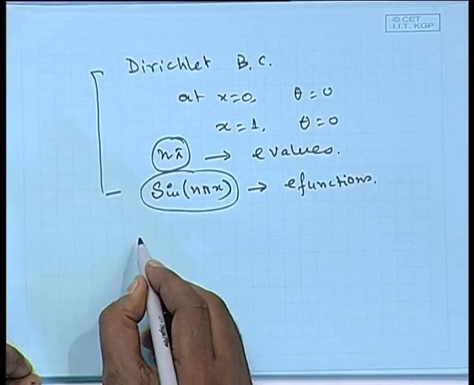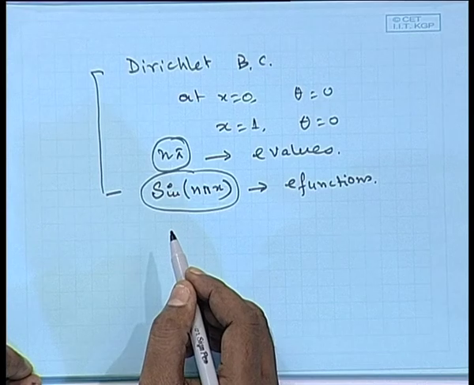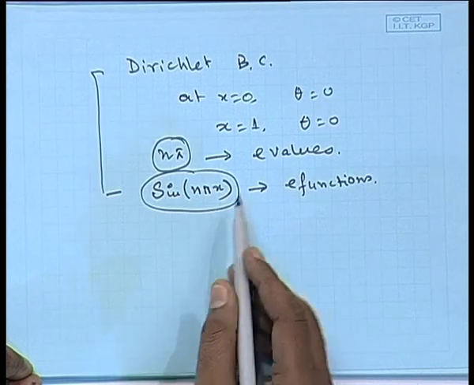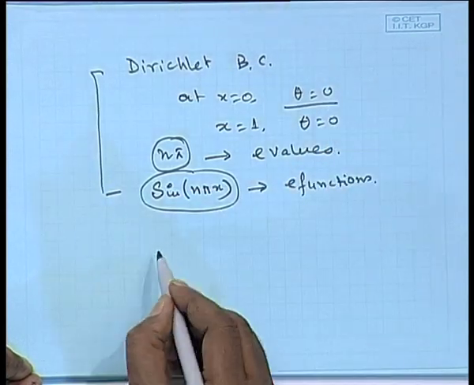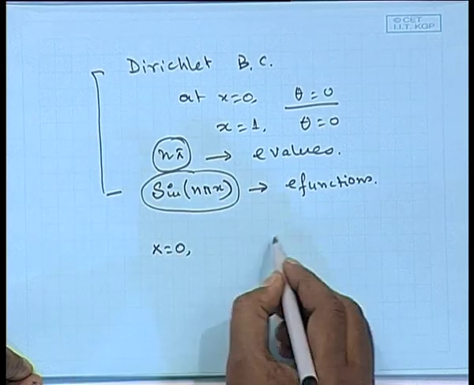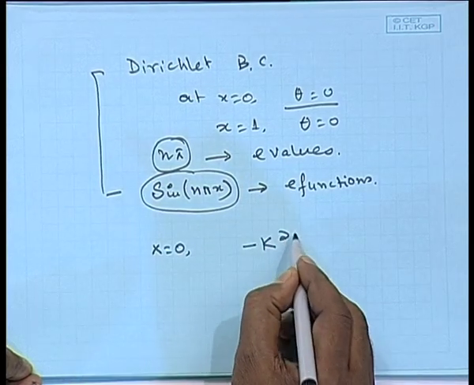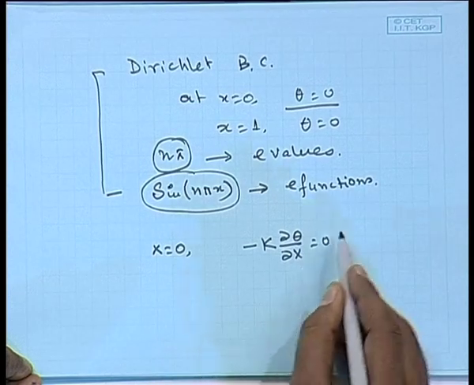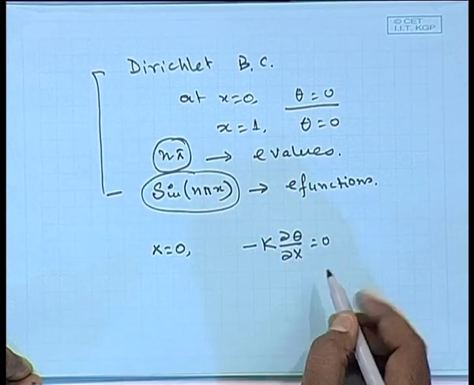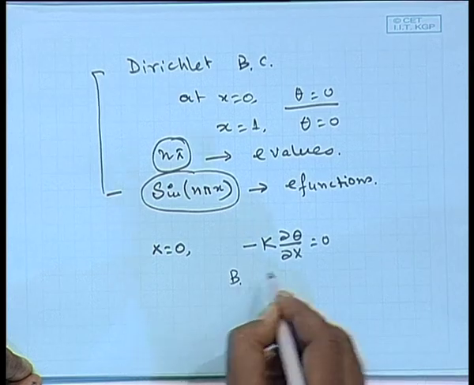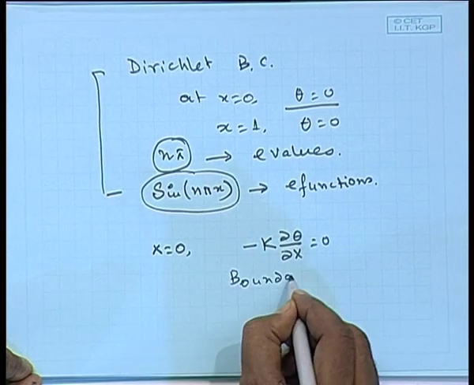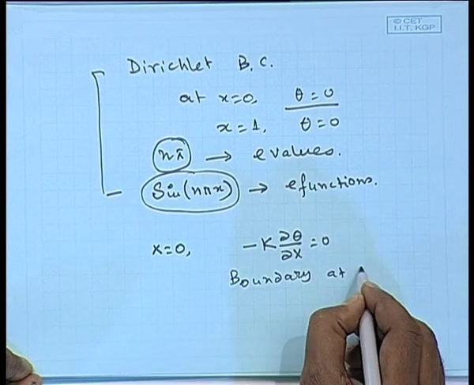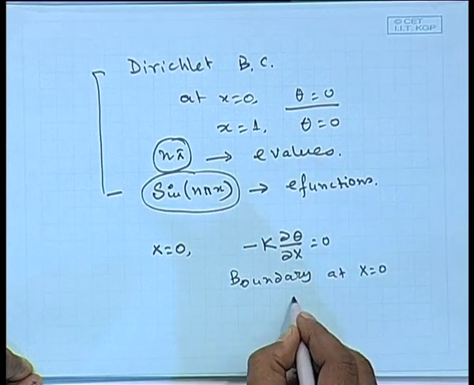For example, if you have a Neumann boundary condition, that means a derivative boundary condition existing at x equal to 0, let us say minus k del theta del x is equal to 0. This means that the boundary at x equal to 0 is insulated.